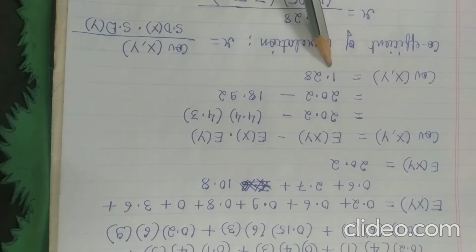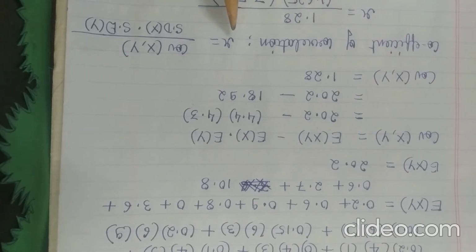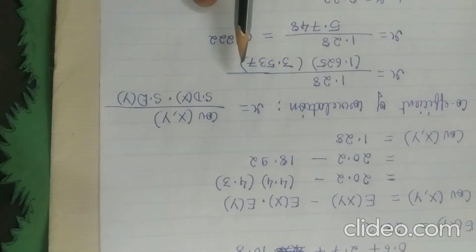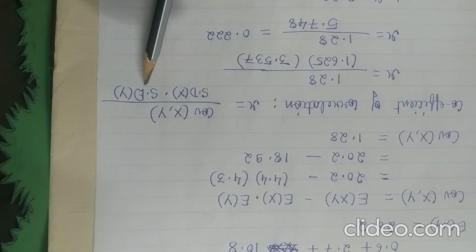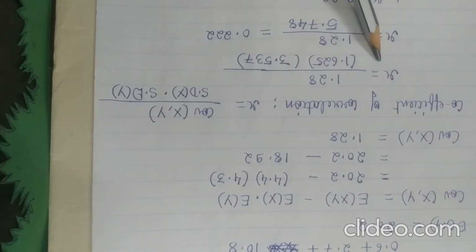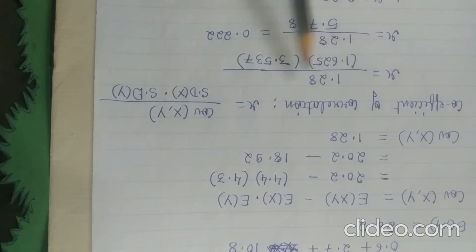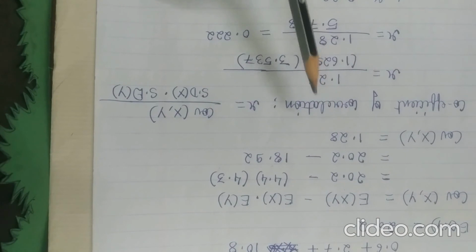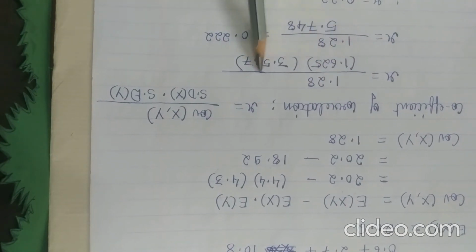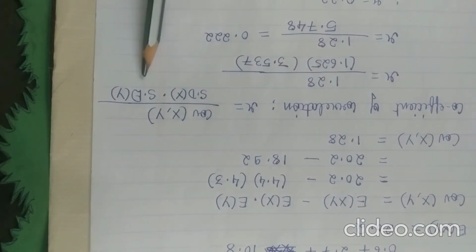Why we have found out covariance of x comma y is because we need it to find out coefficient of correlation, because the formula for coefficient of correlation R is equals to covariance of x comma y divided by standard deviation of x into standard deviation of y. So coefficient of correlation is equals to covariance of x comma y, which is nothing but 1.28, and then divided by standard deviation of x and standard deviation of y.